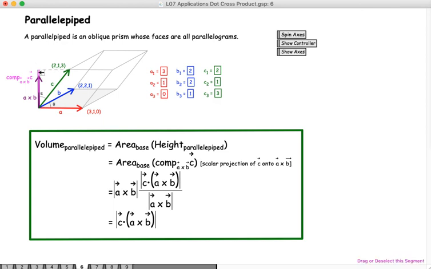And of course that pink bit there, based on what we did in lesson 5 where we did scalar projections, is the component of C in the direction of A cross B. So therefore it's going to be C dot A cross B divided by the magnitude of A cross B. Those cancel out and I'm just left with that. All right, looking at our example then.